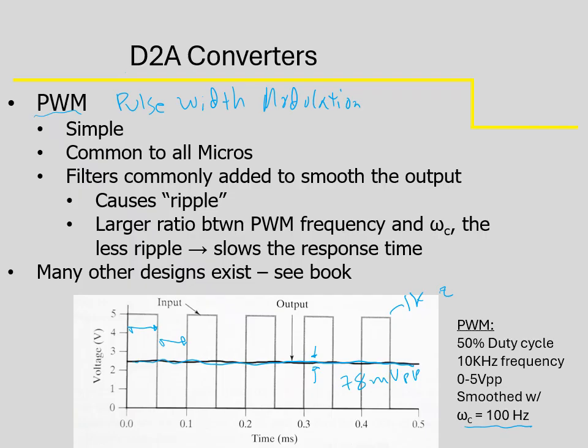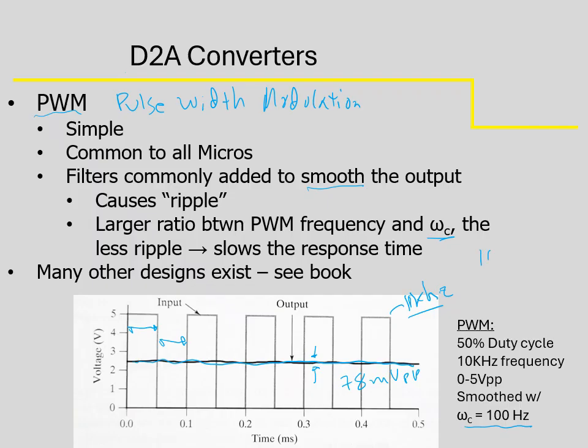Now, in general, if you're going to use a smoothing filter on your PWM, you'll get less ripple if there's a bigger difference between your PWM frequency and the corner frequency of your filter. In this case, I wrote 10 kilohertz, not 1 kilohertz.